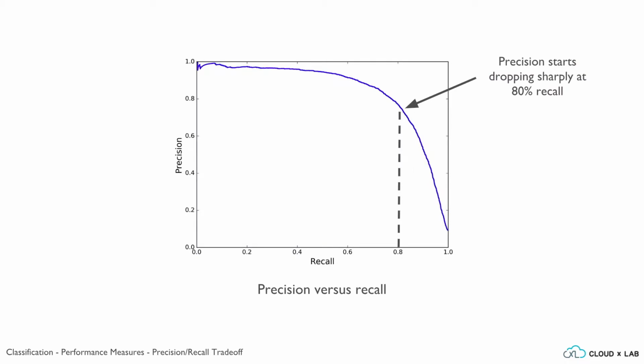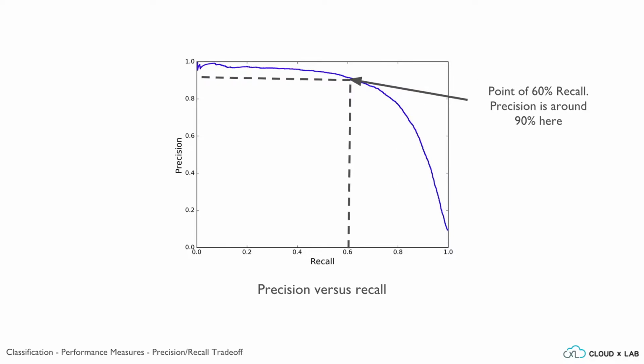Another way to select a good precision recall trade-off is to plot precision directly against recall. As we can see, the precision drops sharply at 80% recall. We may select the precision recall trade-off just before the drop at 60% recall. But again, this entirely depends on your project.